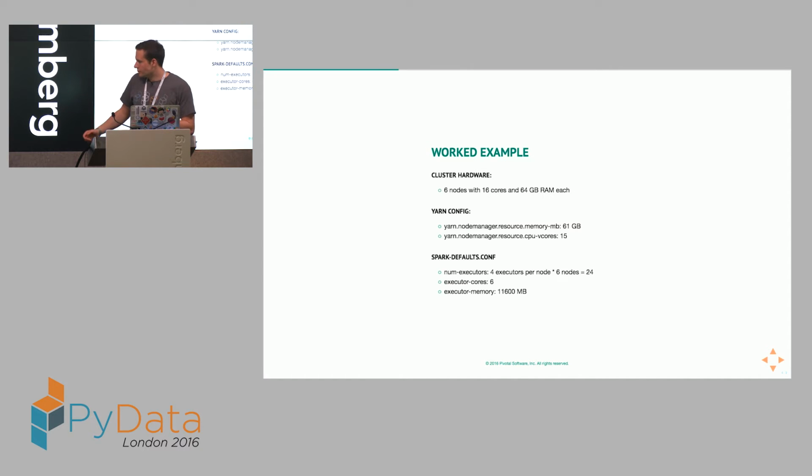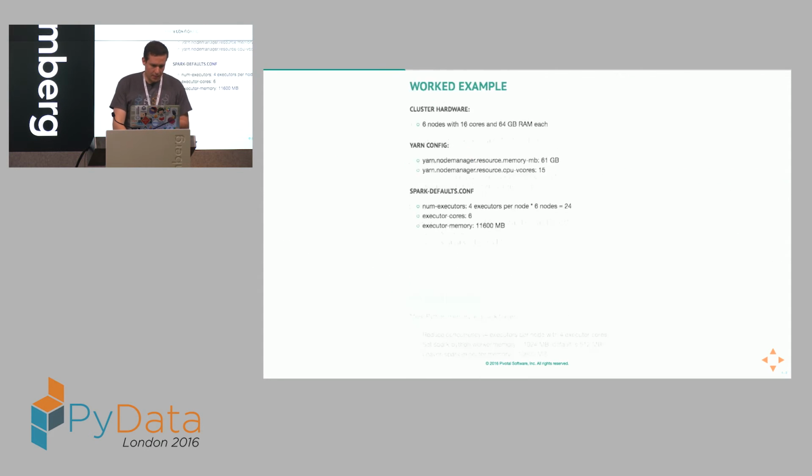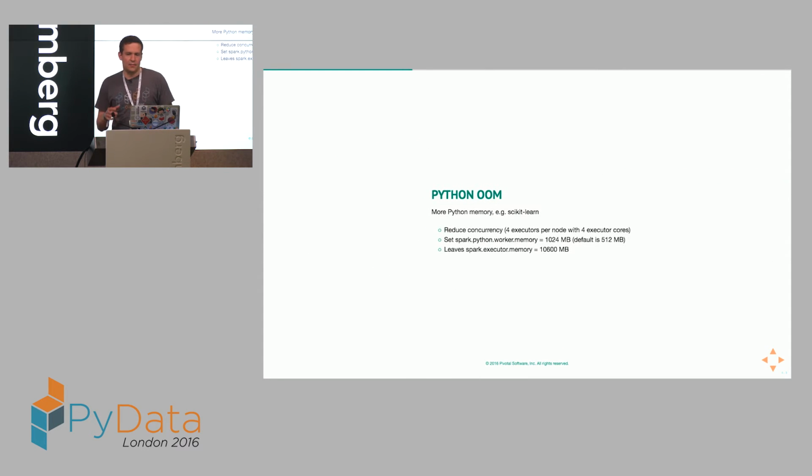Now, because we have 24 executors, we have 24 of these processes, and this is something we have to take in mind. And if you get Python out-of-memory errors, one thing you can do is reduce concurrency. So you can go down to, for example, 4 executors per node.